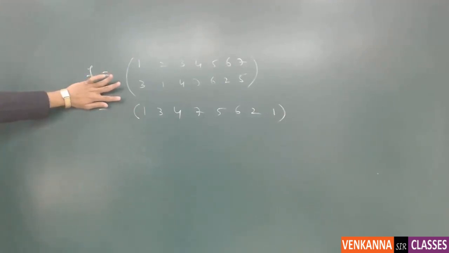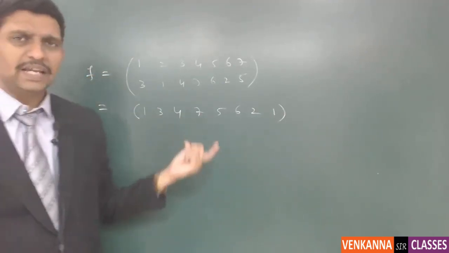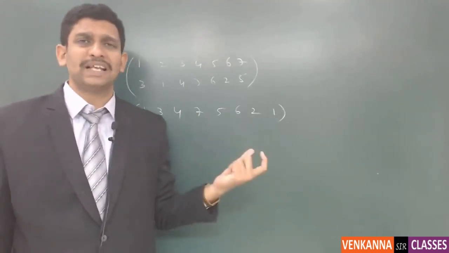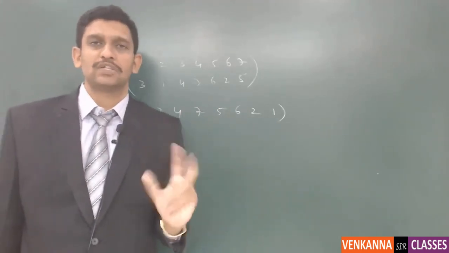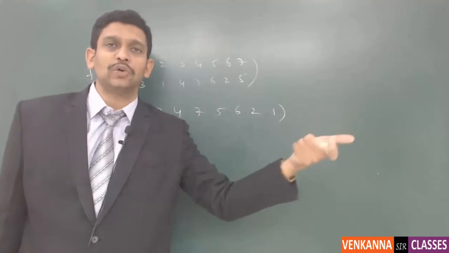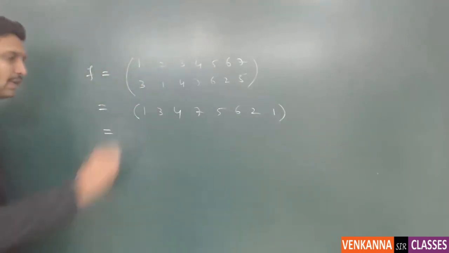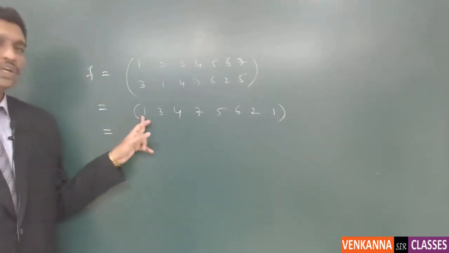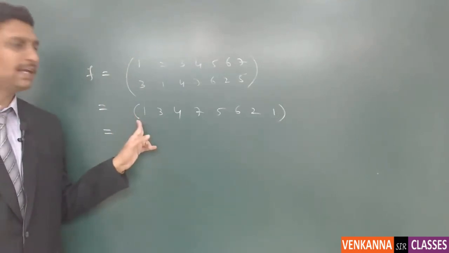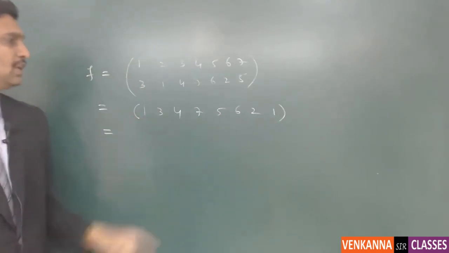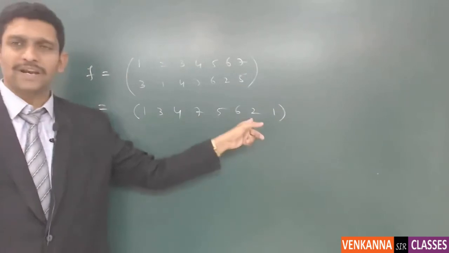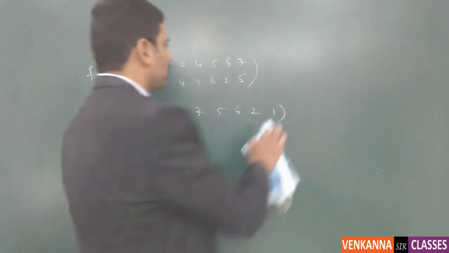Okay. Now, this cycle, I am going to represent it as transpositions. So, cycles of length 2, I am going to write. The general pattern is you fix the first number, then take every one. Since for 2, again you are getting 1, there is no need to write 1 again.